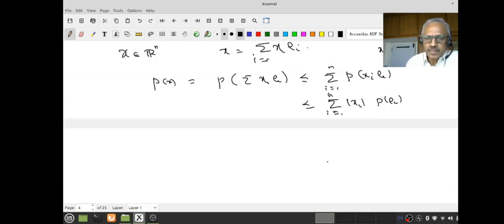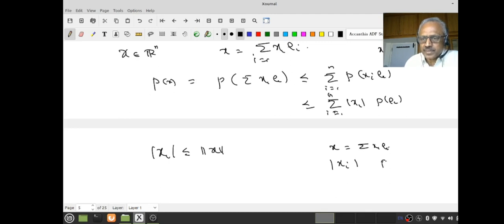Right? But notice that mod xi is less than or equal to the Euclidean norm of x. See, this is one of the places where we are using that our norm is the Euclidean norm. You understand? If you have given me an x and write it as summation xi ei, I may not know whether there is any relation between mod xi and P of x. I do not know.